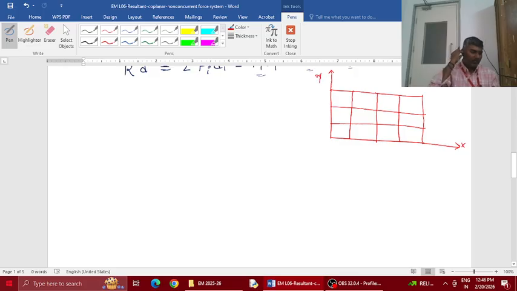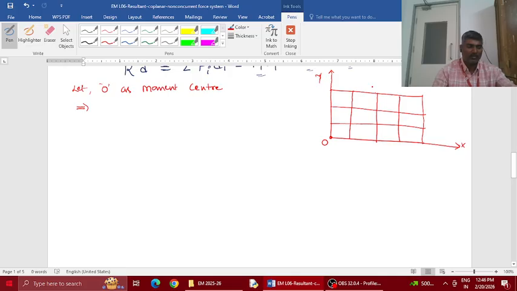Now I pick this point O as the moment center. Let O be the moment center. Now let us calculate the moment of all the given forces.